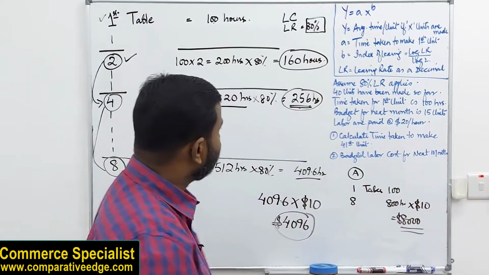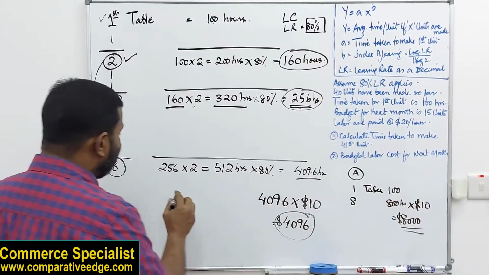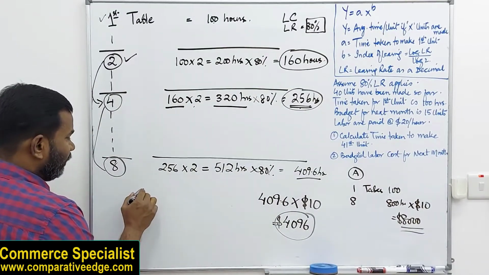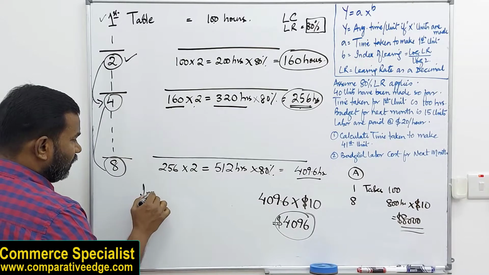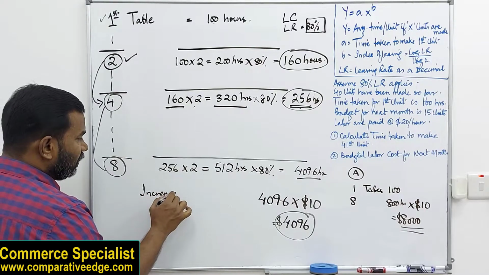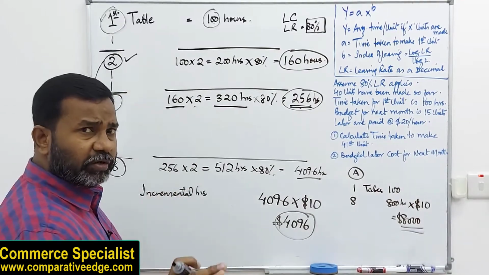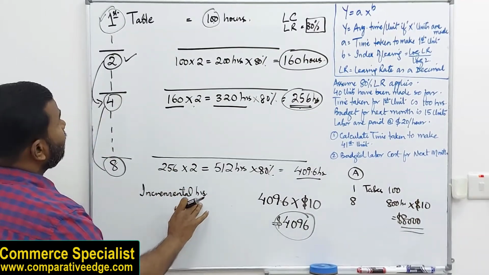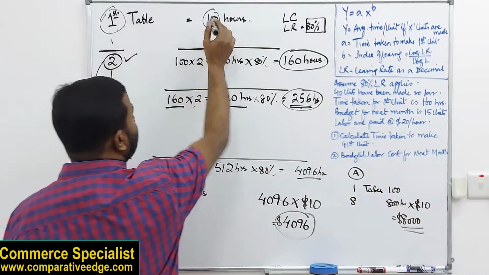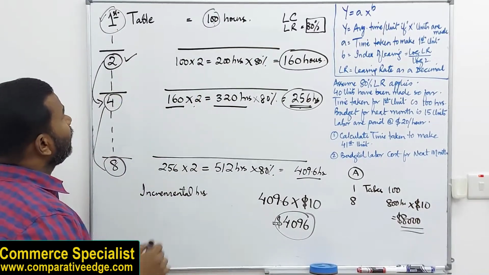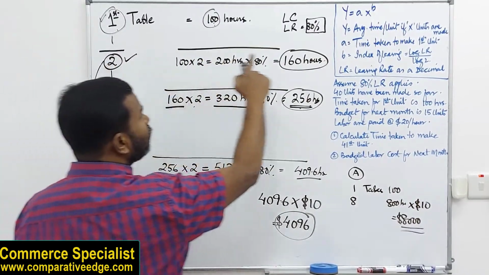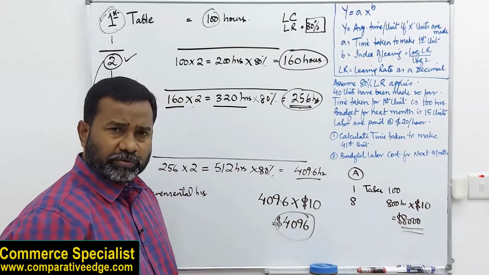Another thing which is important here is to understand the concept of incremental hours. Please understand what are incremental hours. Look at this. The first table took 100 hours. And when you're making 2 tables, a total of 160 hours are used.